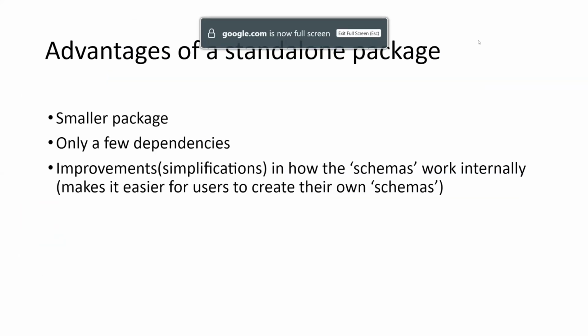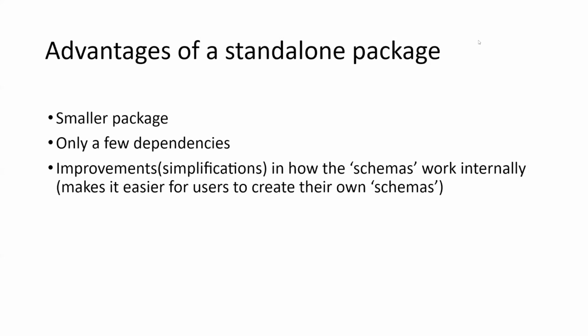Now to quickly recap what I was presenting today. First of all, the advantage of Awkward Zipper being a standalone package is that it's a smaller package and it would be easier to maintain and develop.